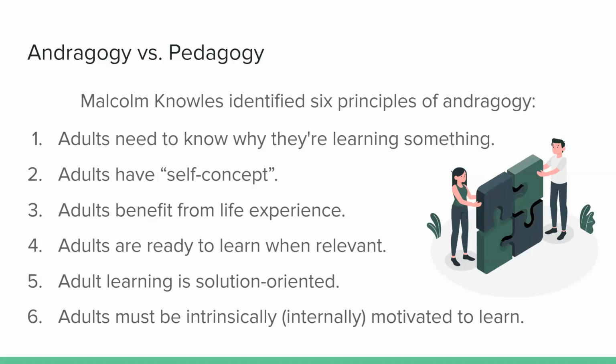So it's all about how we teach adults and how that differs from the practices that we have when we're teaching kids. So Malcolm Knowles, he is one of the established experts in the field, and he identified 6 key principles of adult learning theory. Now, the first of those is that adults need to know why they're learning something.